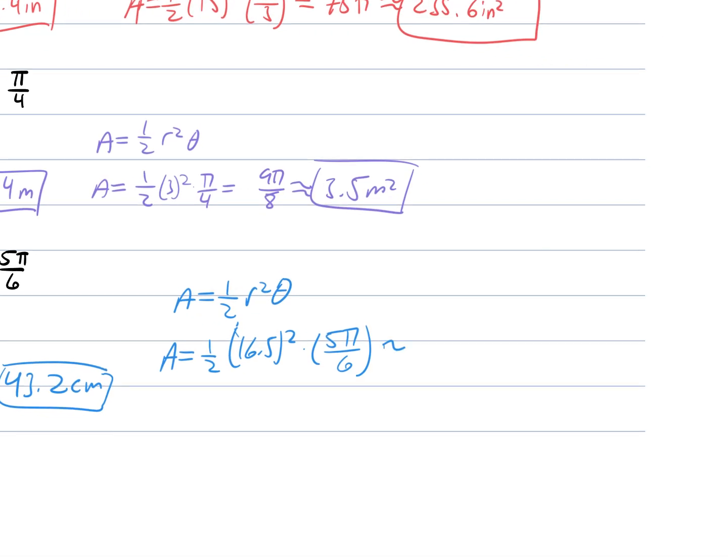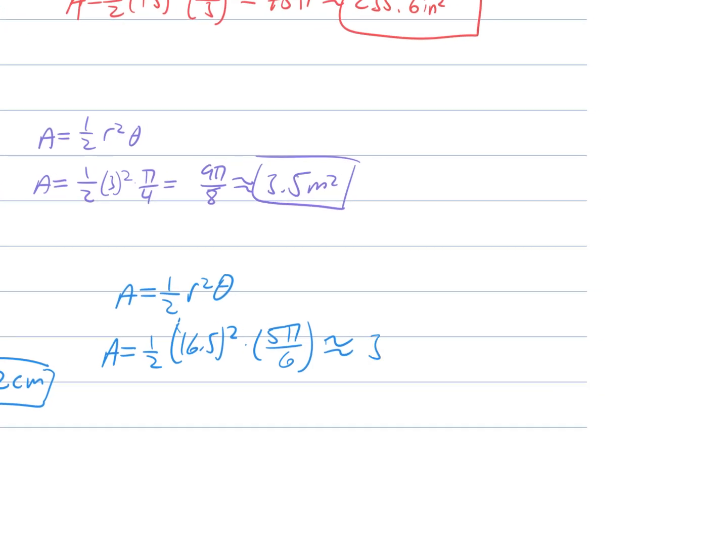Once again, I don't really want to simplify that decimal, so I'm going to plug this into my calculator and see what that gets. It's going to get me about 356.4 square centimeters.